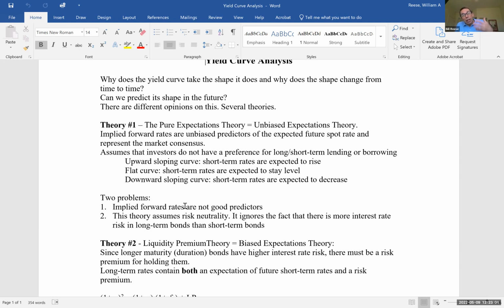Well, if investors were on average correct with this pure expectations theory, that would mean 80 to 90% of the time, investors are expecting short-term rates to be going up, and if they were on average right, they would be going up.